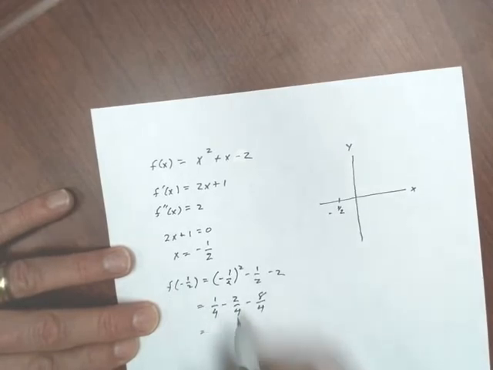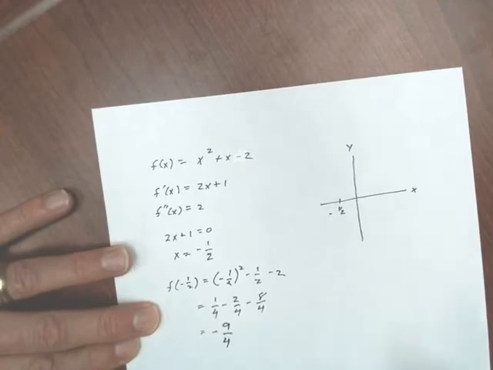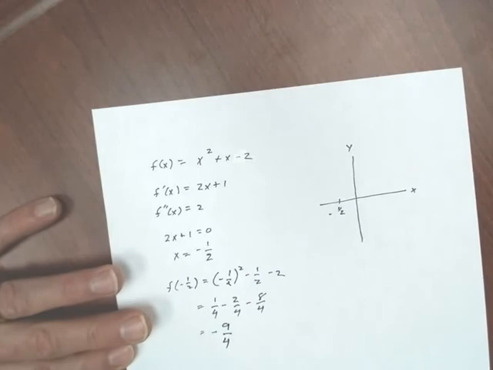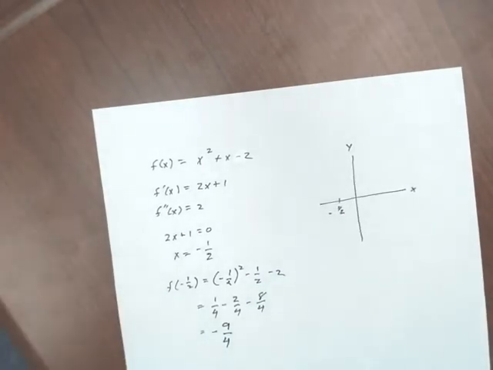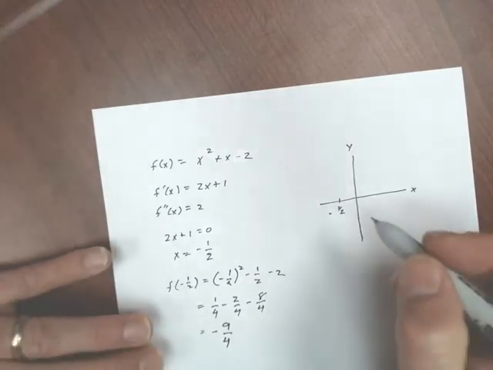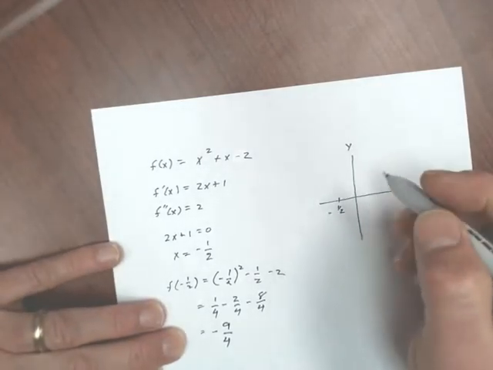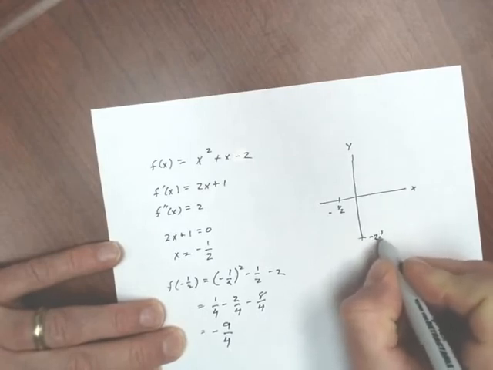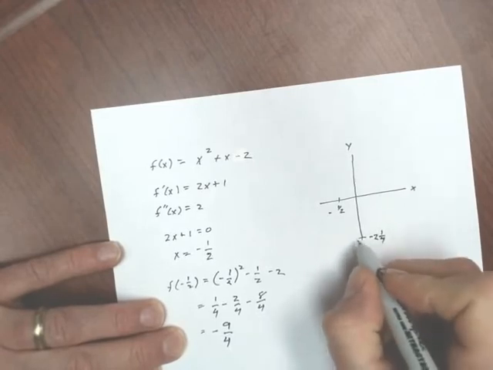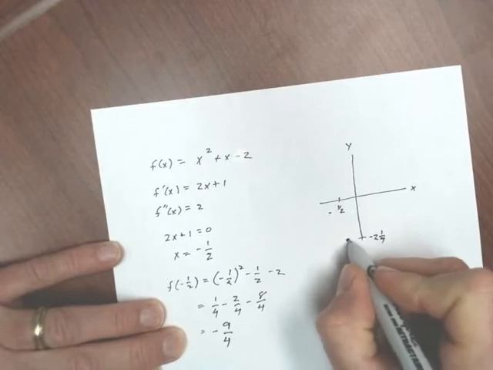So this equals -1/4 minus 8/4, which equals -9/4. Okay, and -9/4 is what, -2 1/4? So somewhere down here, -2 1/4, we're going to have our minimum.